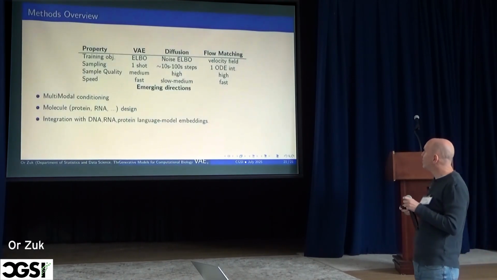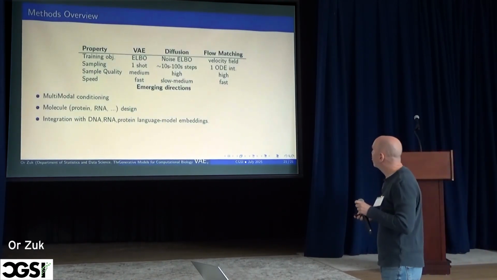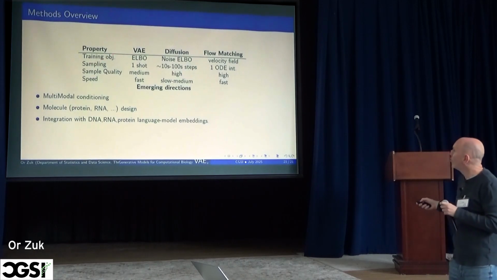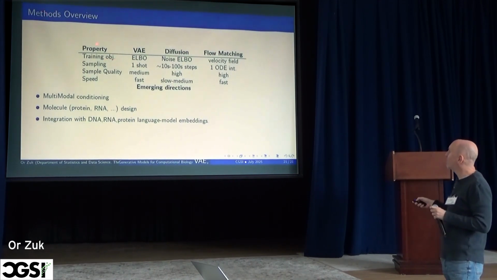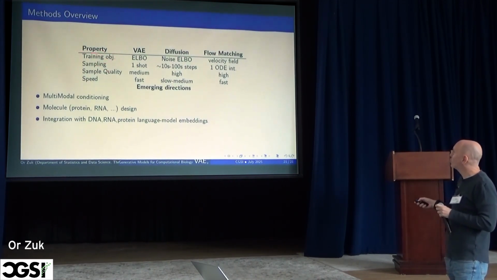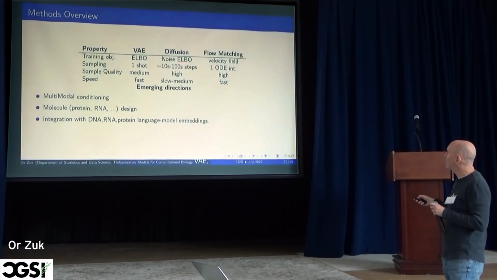All right, so let me just wrap up. We've seen 3 methods for generative modeling: variational autoencoder, diffusion, and flow matching. And these are just the high-level properties of them. How do you train them? How do you sample? So you see this drawback of diffusion models that you need to do many steps.